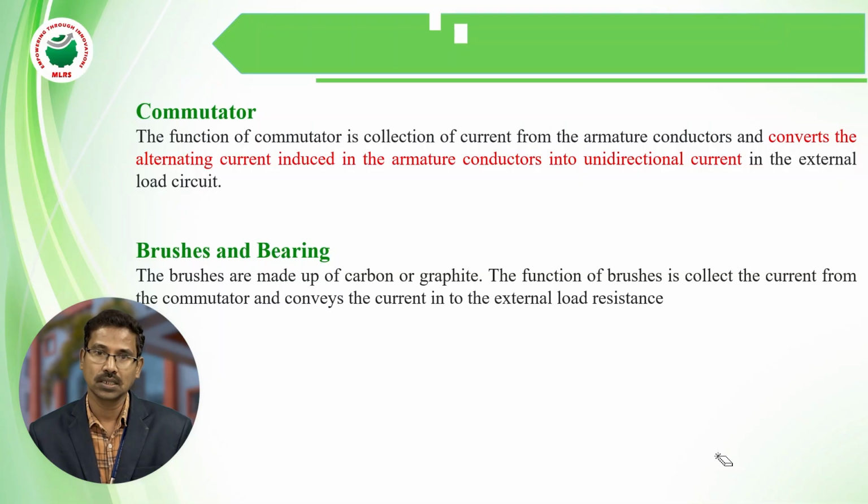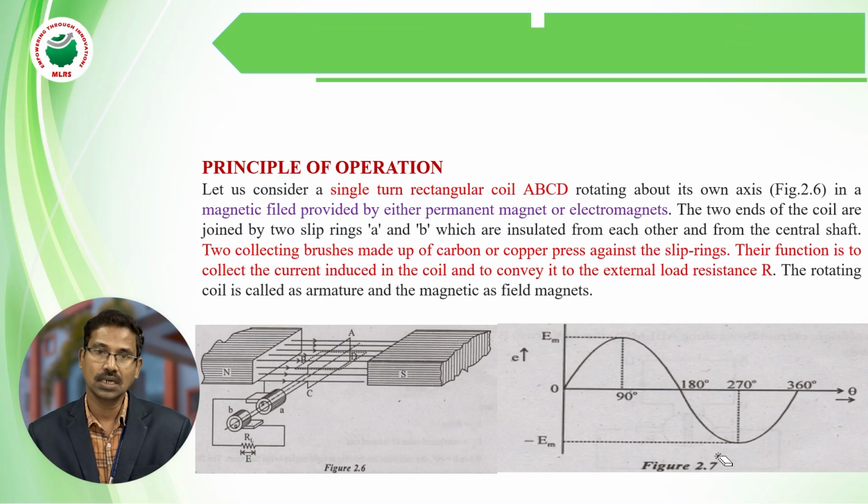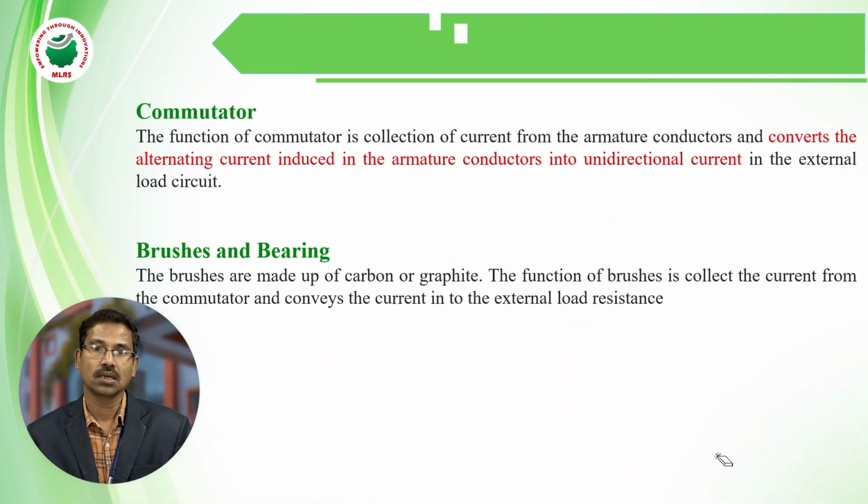Bearings are used for the smooth rotation of the rotor or armature. Ball bearings are mainly used. So these are the main parts of the DC generators and their functions.